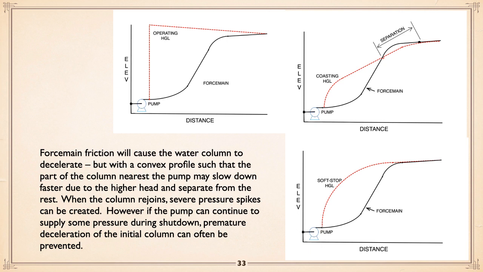Basically, what's happening to the left of where it says separation, the inertia there has stopped the flow from happening, and then the other piece has gone on because of inertia, and you end up with an air gap between the two. You've got a water column to the left going down to the pump, and you've got one to the right going to your discharge. You've actually pulled a vacuum in there.